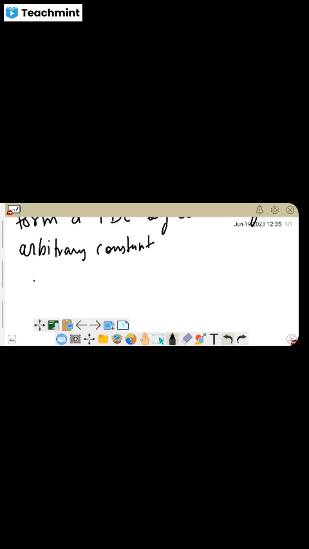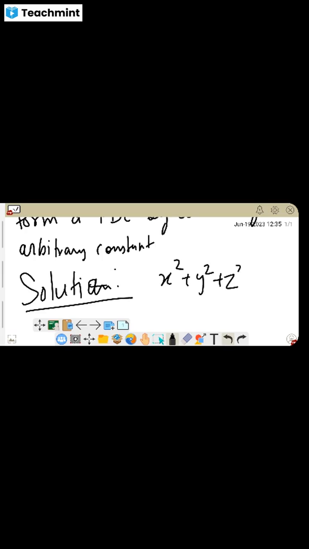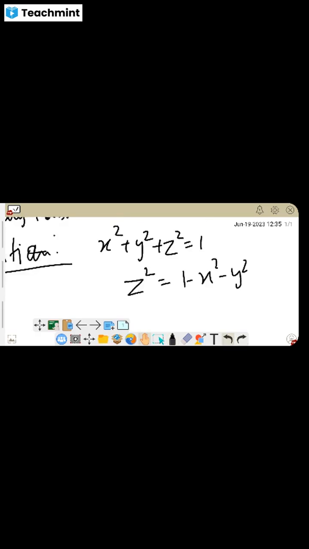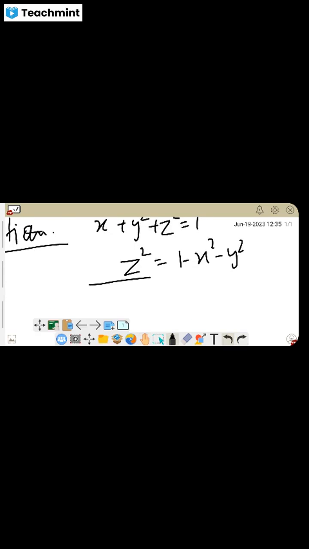We have the solution x square plus y square plus z square is equal to 1, and we can write this entire equation taking z square on the left side, and 1 minus x square minus y square. Now differentiate this equation with respect to x.